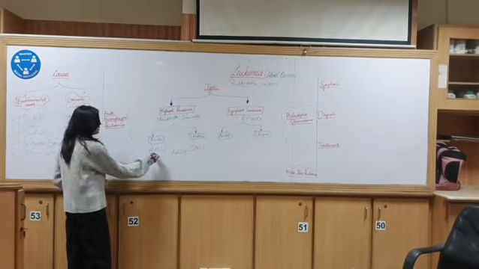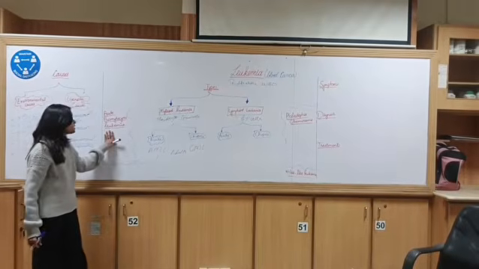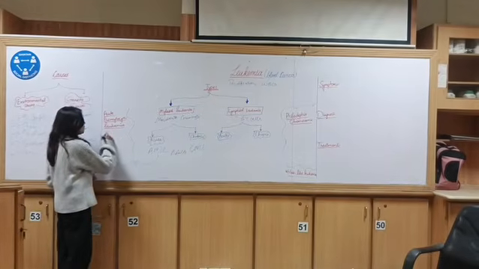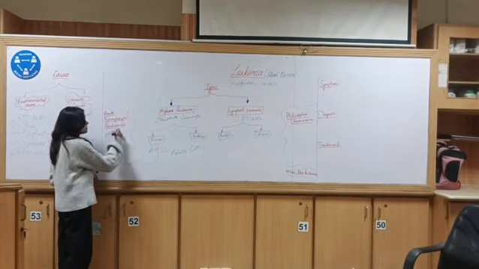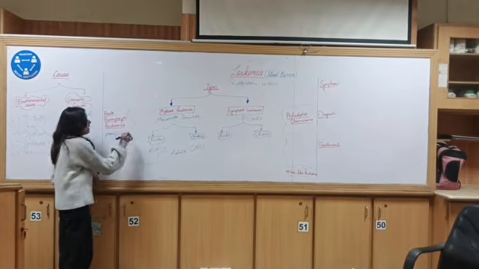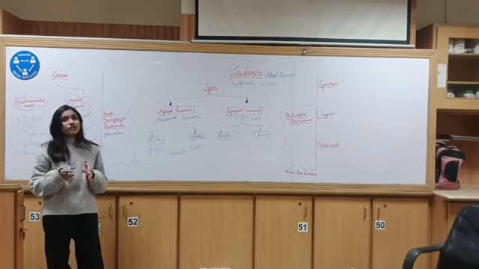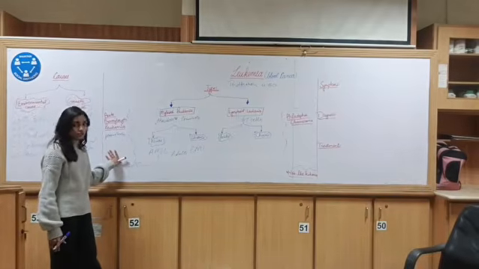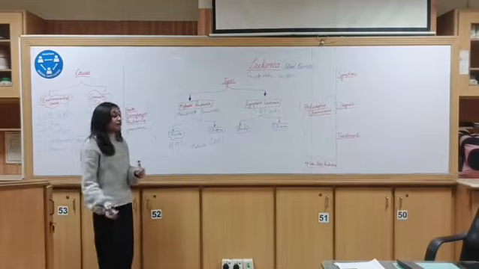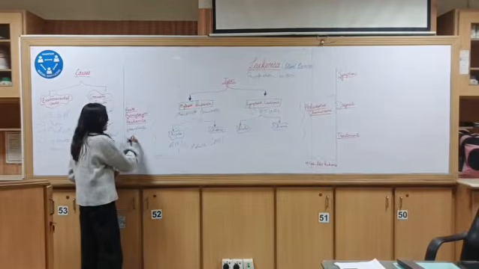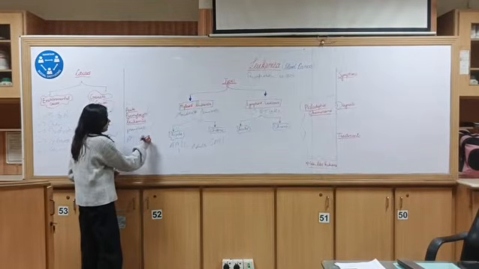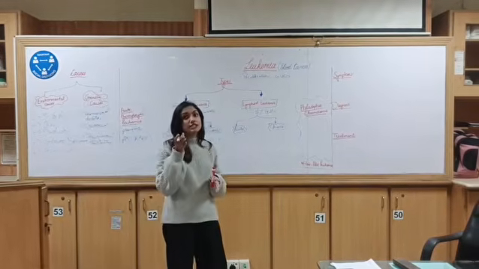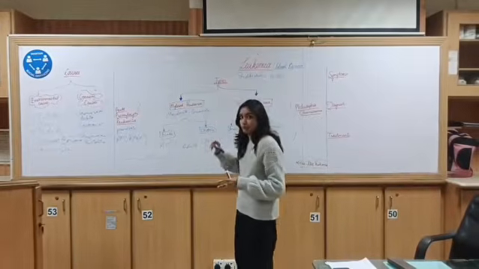AML has a further branch which is acute promyelocytic leukemia, which arose from the promyelocytes and is caused by the chromosomal translocation between chromosome number 15 and 17, which causes a fused gene, PML-RARA. That causes the rapid division of the stem cells, which leads to leukemia.